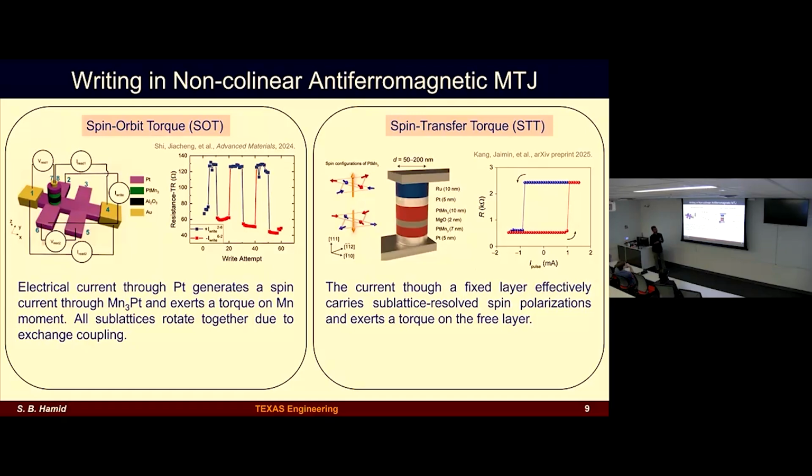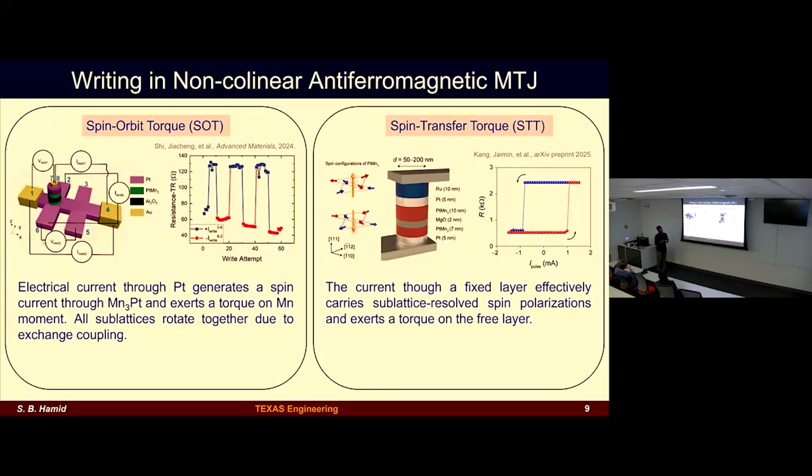Now what happens is that, because of the symmetry and the momentum dependent spin splitting, you can imagine that the three sublattices from the free layer all contribute electrons, but if you consider them as sublattices A, B, and C, then the transfer of electrons from sublattice A to sublattice A on the other side is going to be the strongest compared to B and C. So the electrons coming to a specific sublattice have a net spin, and that is where the spin transfer torque comes from, even though the total spin current is 0.